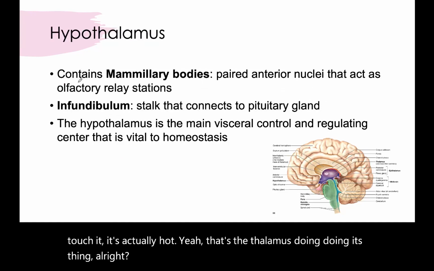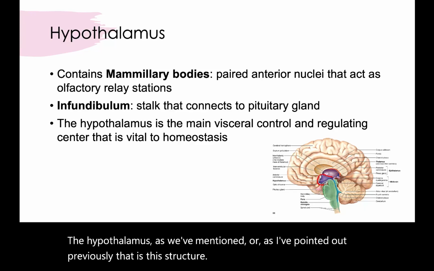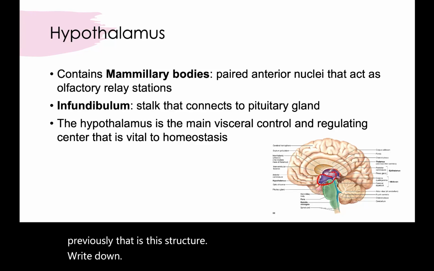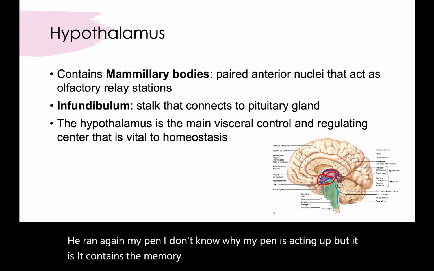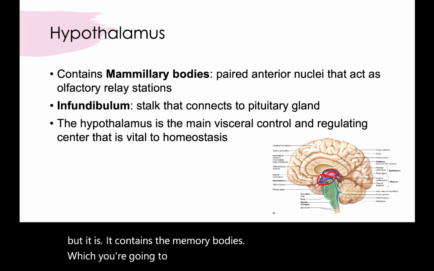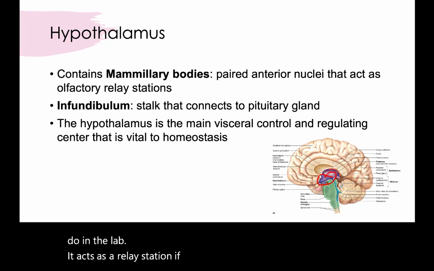The hypothalamus, as I've pointed out previously, is this structure right down here. It contains the mammillary bodies, which you're going to see in the dissection that you're going to do in the lab. And it acts as a relay station, if you would, for the olfactory system.